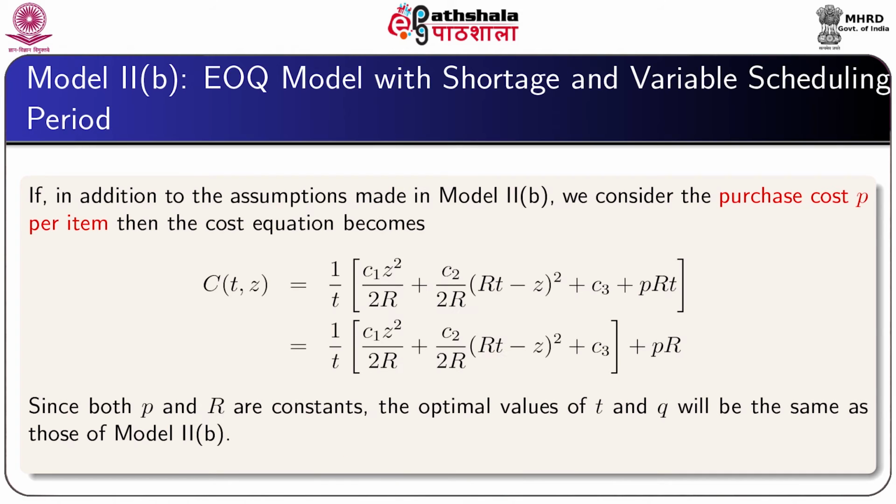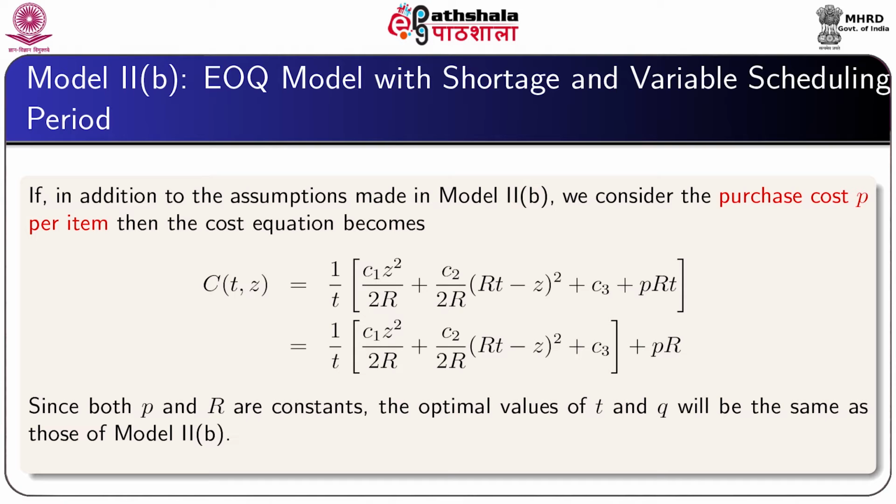If in addition to the assumptions made in model 2B, we consider the purchase cost P per item, then the cost equation becomes C(T,Z) = (1/T)[C1·Z²/(2R) + C2/(2R)·(RT−Z)² + C3 + P·RT].